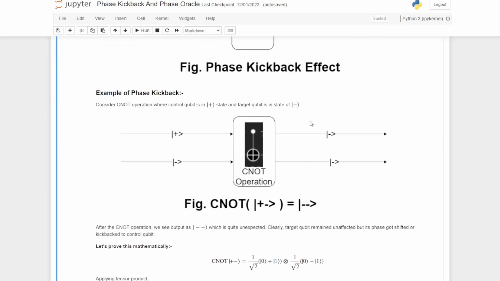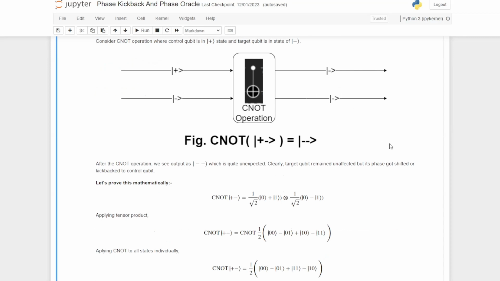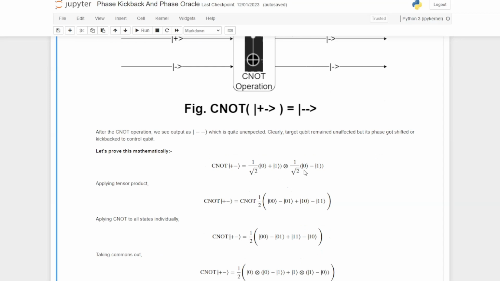Now let's see how it works mathematically. So we are applying C naught to the plus and minus state. So here we have C naught plus minus. Here Q0 is written on the left side and Q1 on the right side. Now if we expand this, this will become the plus state and this will become the minus state.